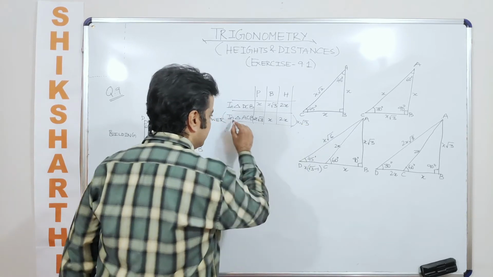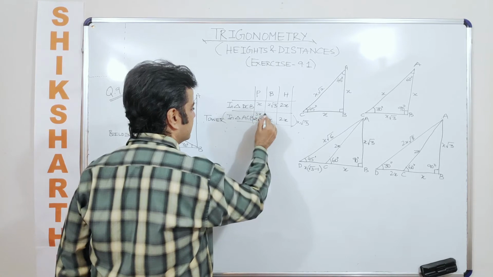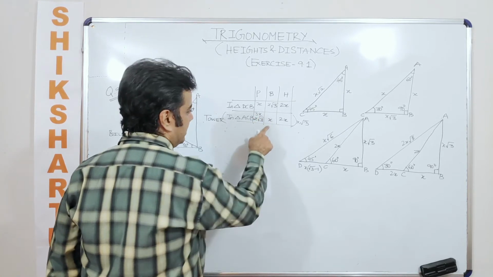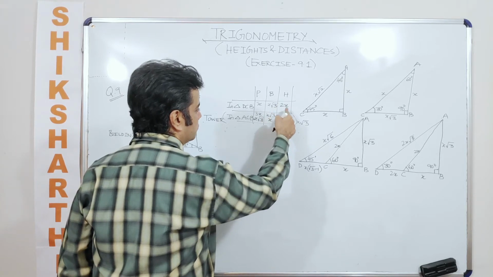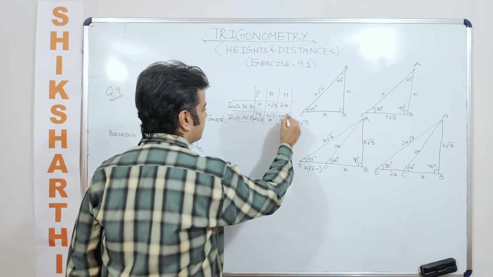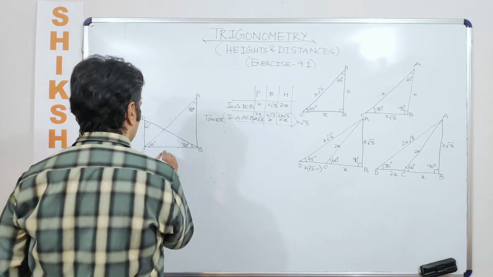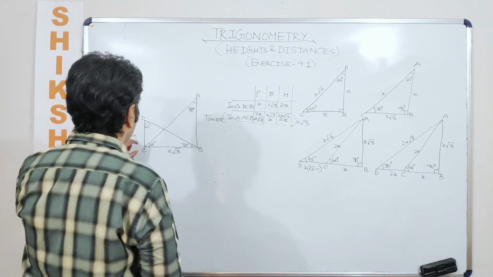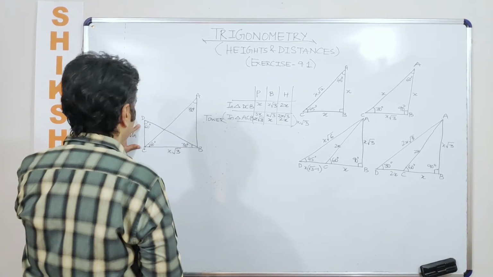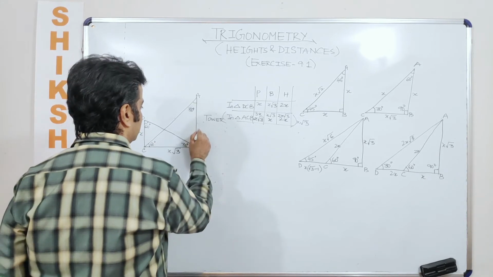Now when I multiply this entire triangle with root 3, I get the perpendicular as 3x, the base as x root 3 and the hypotenuse as 2x root 3. So let us substitute the values now. The base in both the triangles will be x root 3, which is common to both. Now the perpendicular of DCB is x, the perpendicular of the other is 3x.